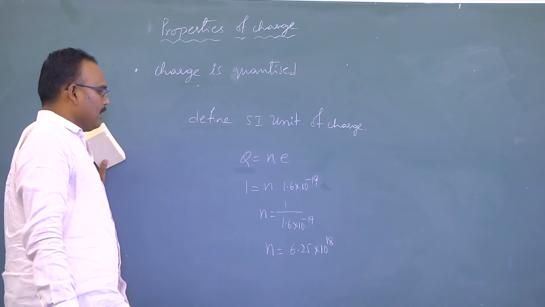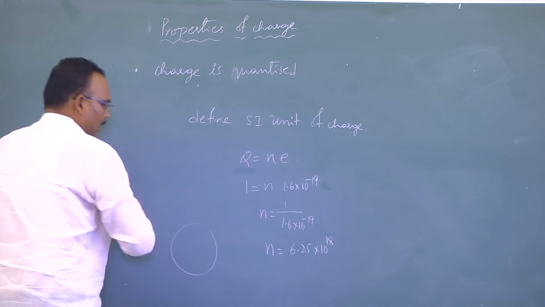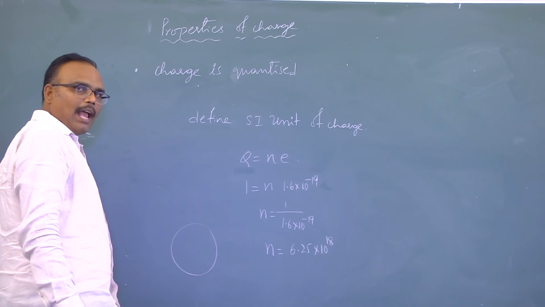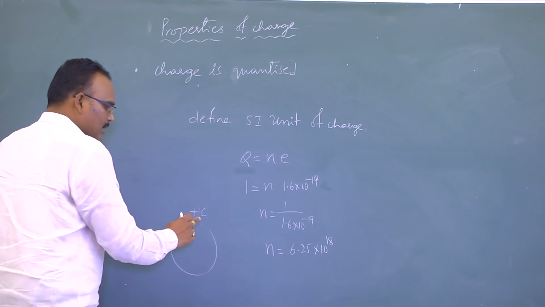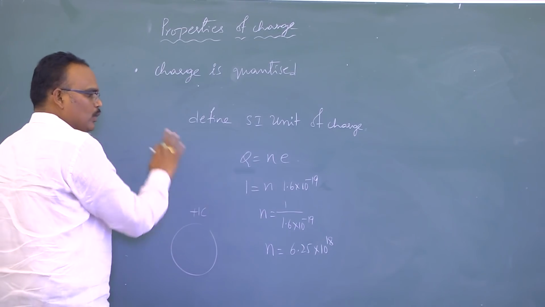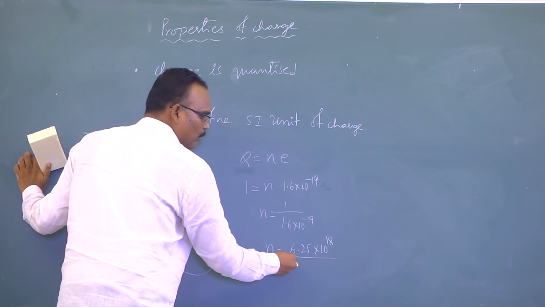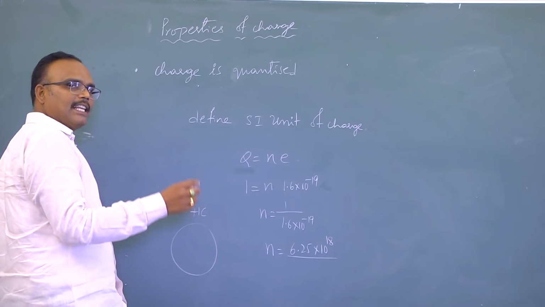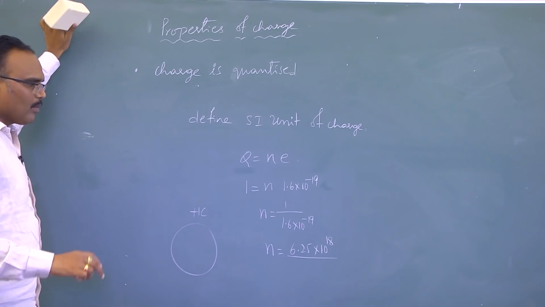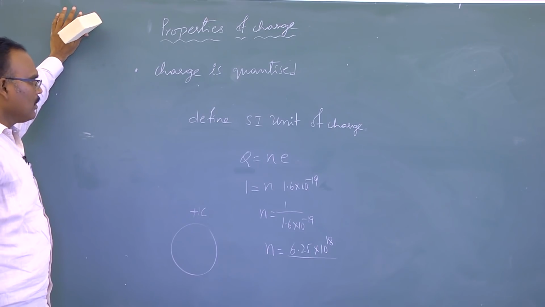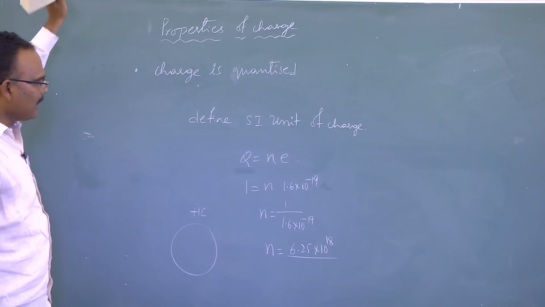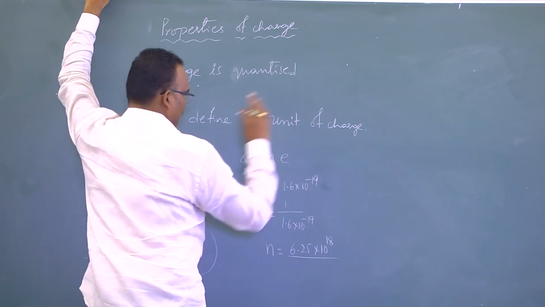That means for any body to have 1 coulomb of charge, this body must lose 6.25 into 10 to the power of 18 electrons, because loss of electrons gives positive charge to the body. So now I can comfortably define the SI unit of charge.